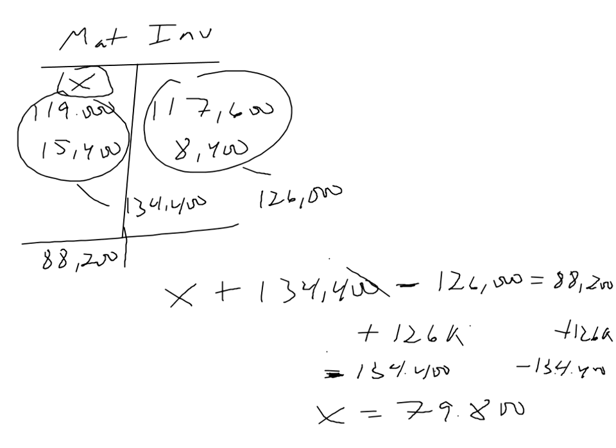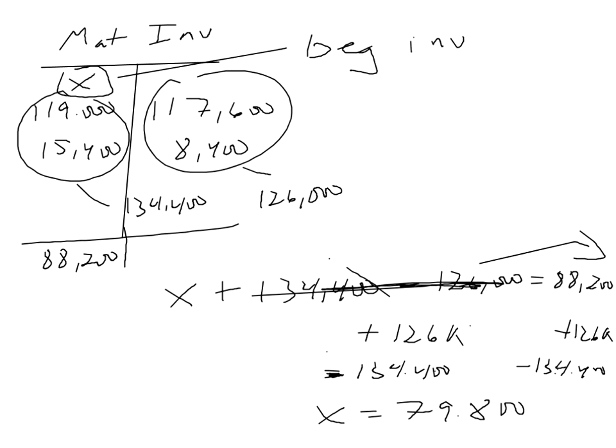All right, so remember we removed these two from this side of the equation, essentially we added it to the other side, and we get x equals 79,800. So our beginning inventory is 79,800.